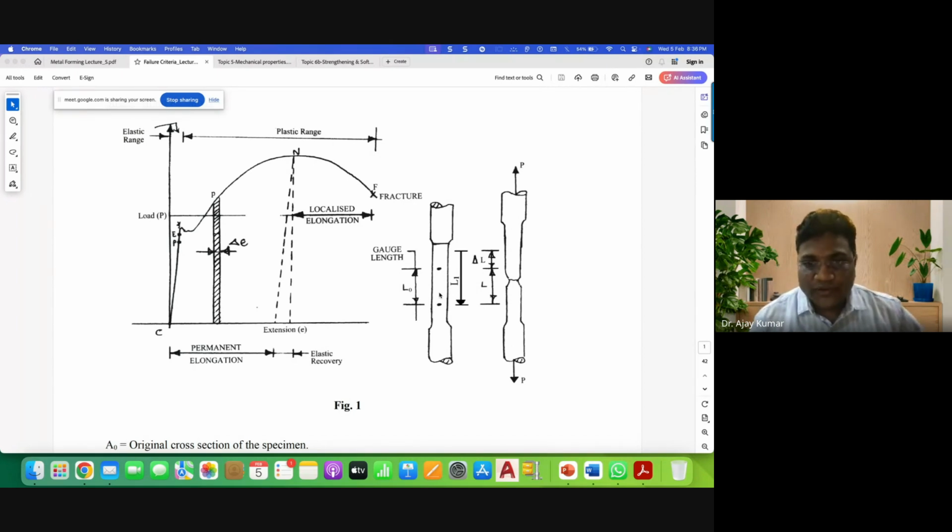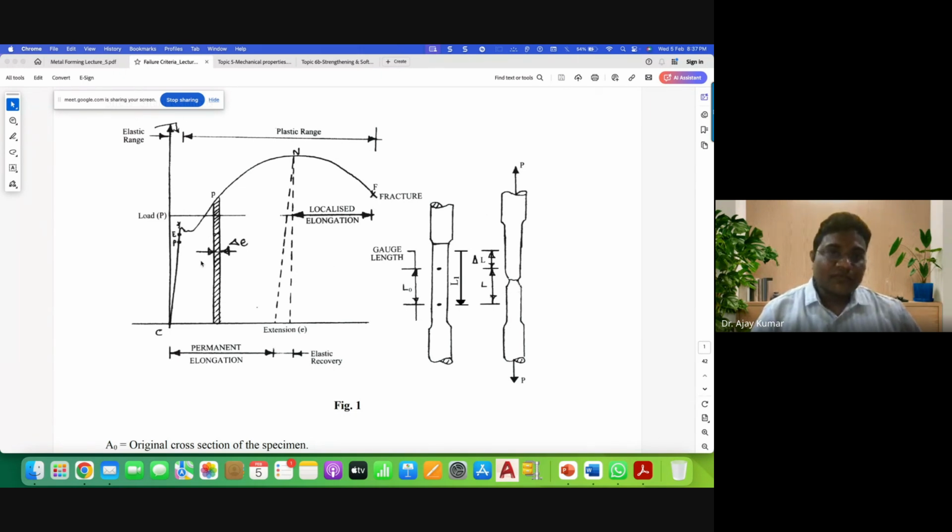You can mark these two points of gauge length. The two ends go inside the machine where you have two grips, bottom and top, right? And now you will fix it, and then you will apply the tensile load on this sample. So this is a schematic of loading as well as elongation happening.